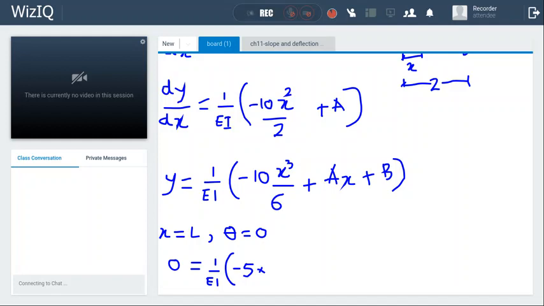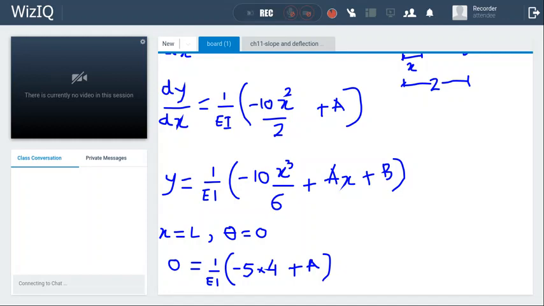L is 2, so it is 2 into 2, 4. Plus A. So from here you can say that A will be equal to 20.